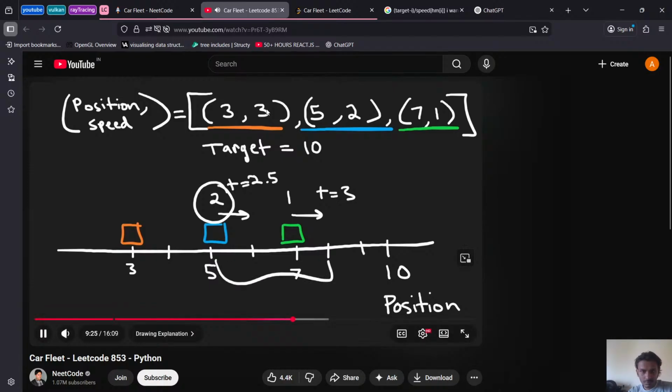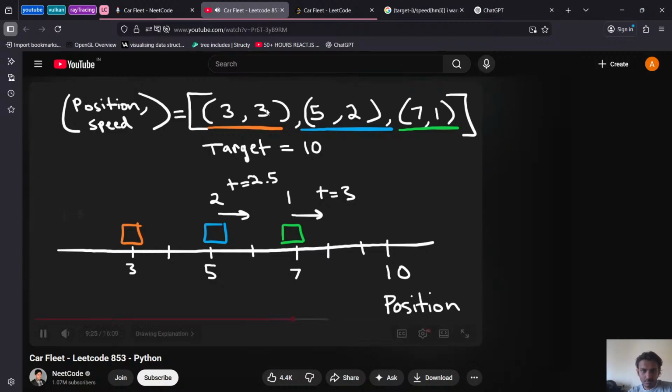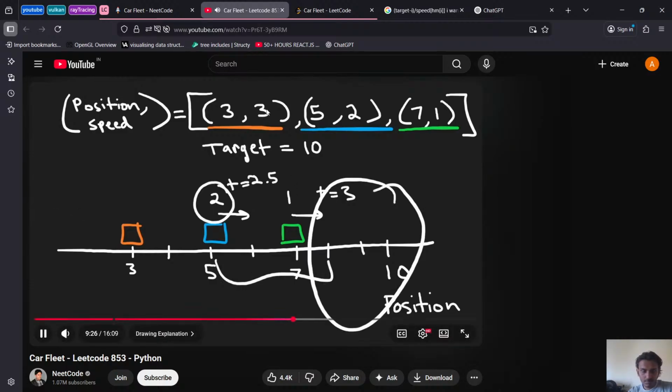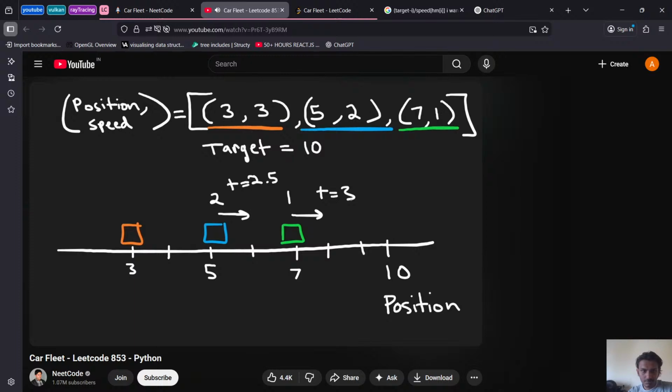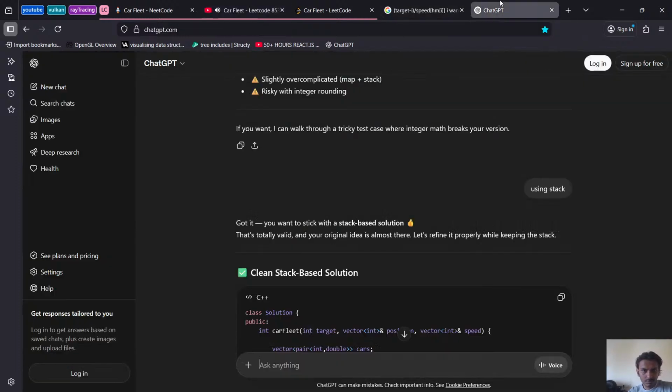Initially it's going to be 2, but at some portion it's going to change to 1. So it's easier if we keep this one, because this one is always going to be traveling at speed 1.